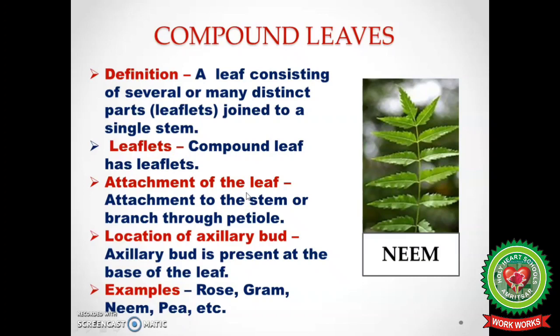Attachment of the leaf: attachment to the stem or branch through petiole. Location of axillary bud: axillary bud is present at the base of the leaf. Examples of compound leaves are rose, gram, neem, pea, etc.